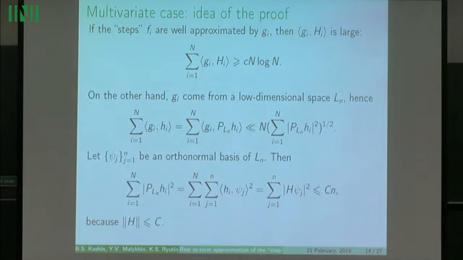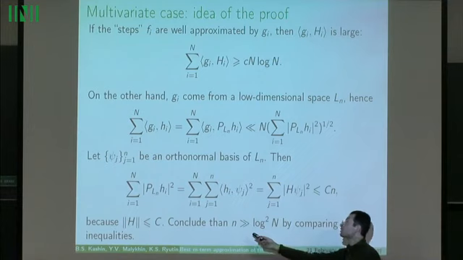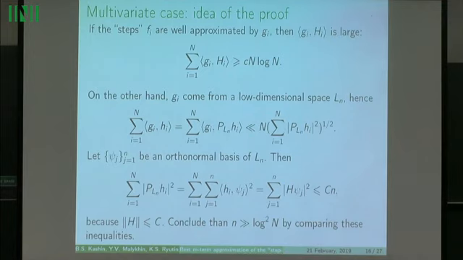On the other hand, as we try to approximate our system by vectors from a low-dimensional subspace, Ln, we can make these estimates, and using the fact that the norm of the Hilbert matrix is bounded by some absolute constant, we finally arrive at the result that in order to achieve a good rate of approximation, our dimension should not be lower than the second power of log.